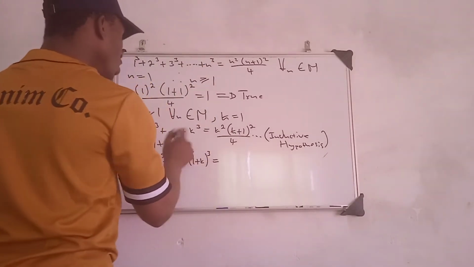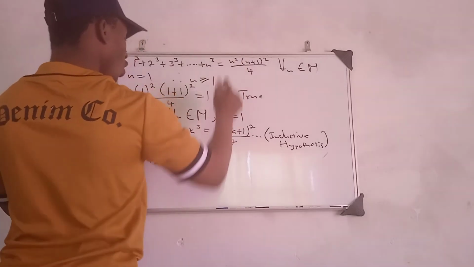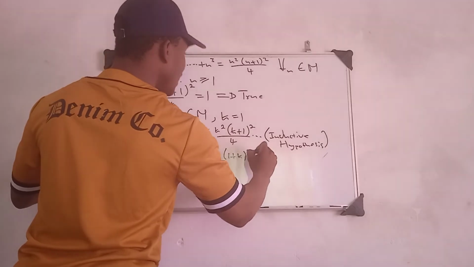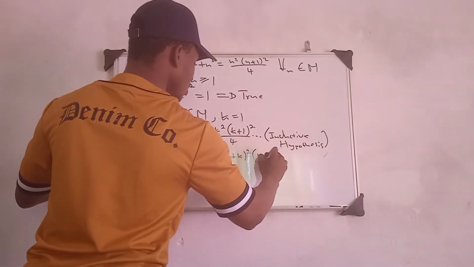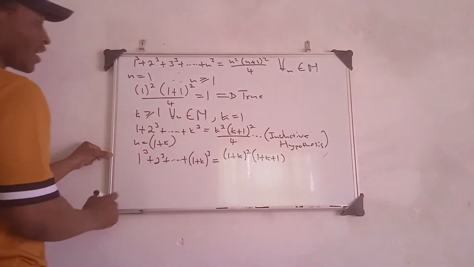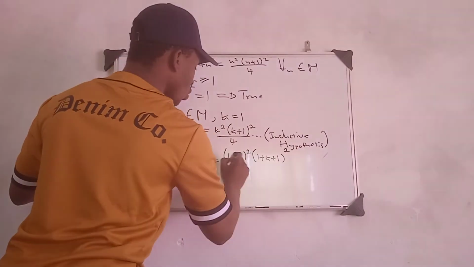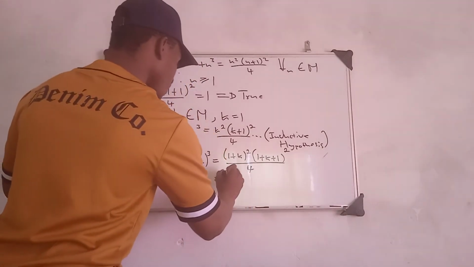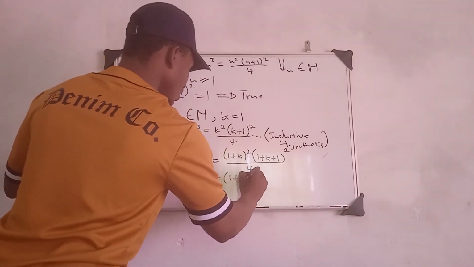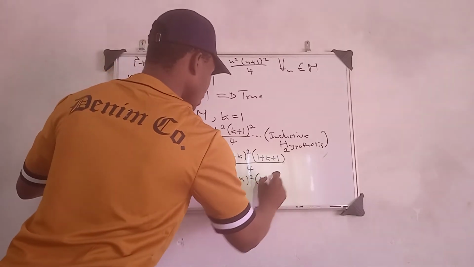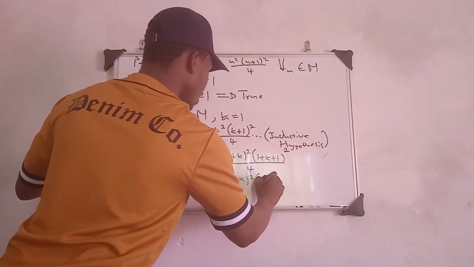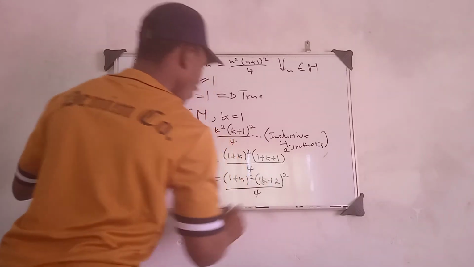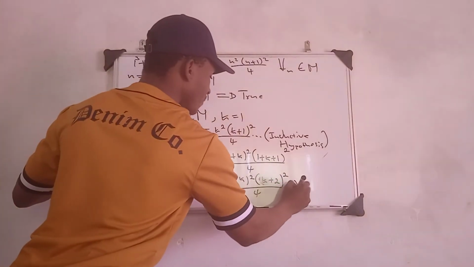I'm also going to substitute 1 plus k on every n that I see. But remember to square it according to the formula. So this is the same as (1 plus k) squared, (1 plus k plus 1), which is just (k plus 2) squared, all over 4. So this is what I'm required to prove.